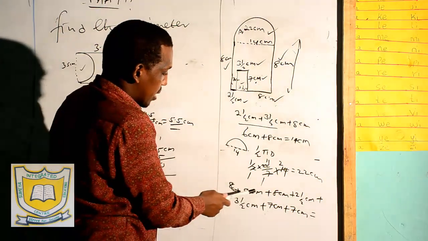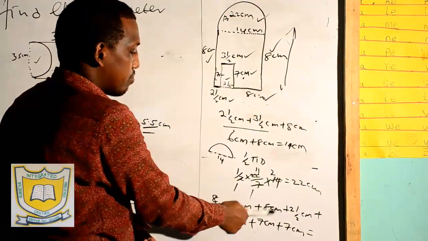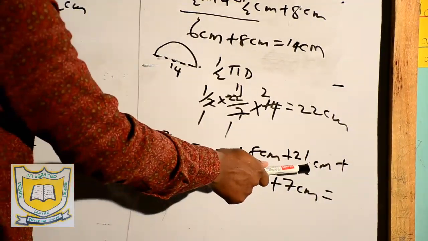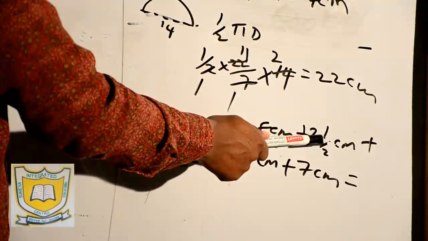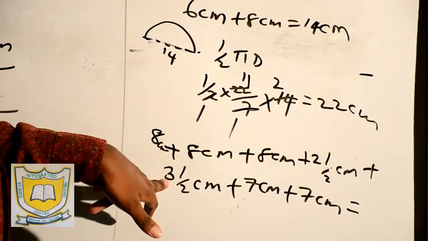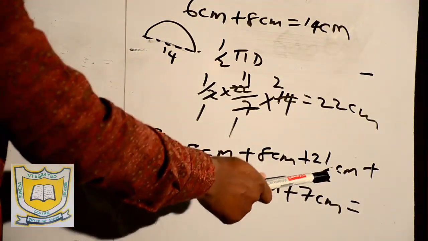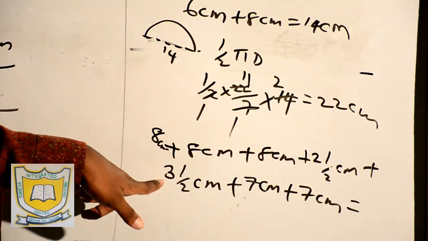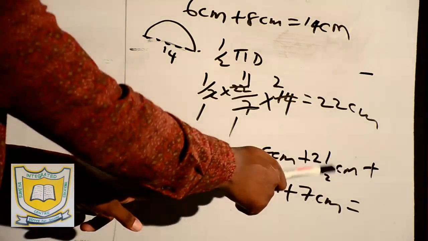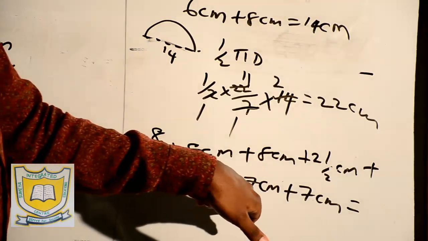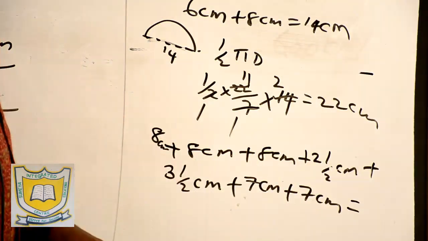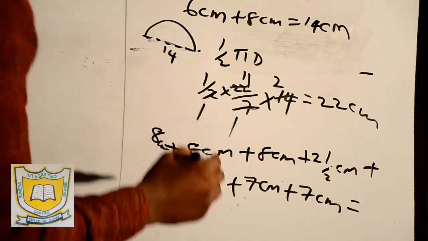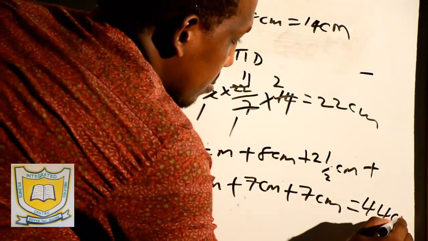So 8 plus 8, it's 16. 16 plus 8 is 24. 24 plus 2.5, it will be 26.5. 26.5 plus 3.5. First we say 26 plus 3 is 29, half plus half is 1, is 30. 30 plus 7, 37, 37 plus 7, we get 44 centimeter.